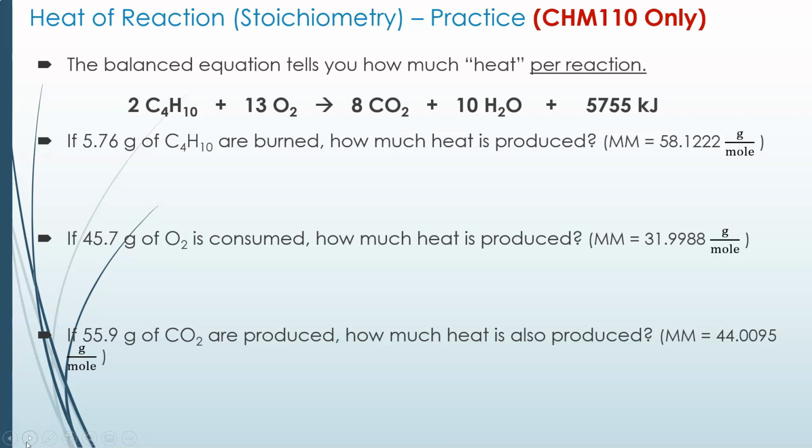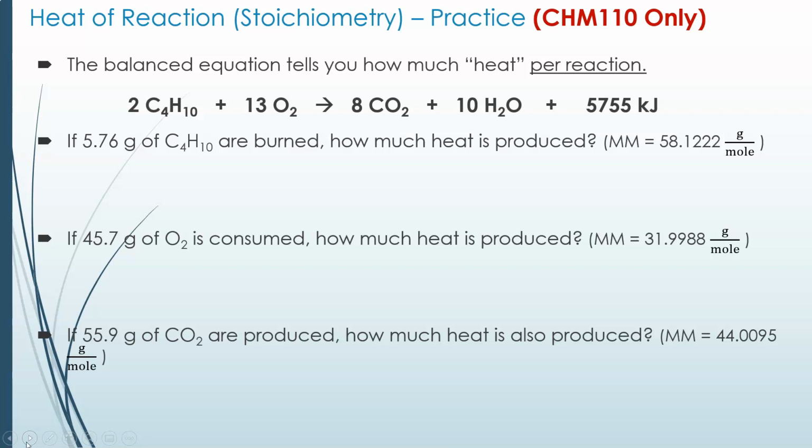So just looking at this equation, before I even do any math, I can see that I have about 1/10 of a mole of butane to start with, and I know that 2 whole moles will make the amount of energy shown in our thermochemical equation.